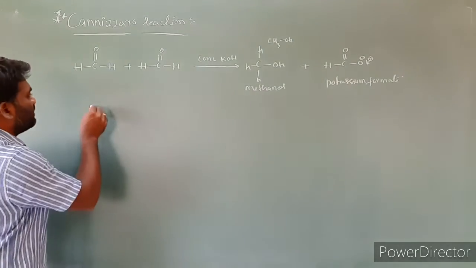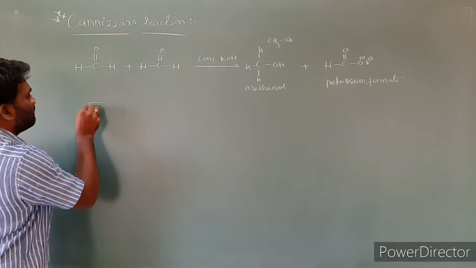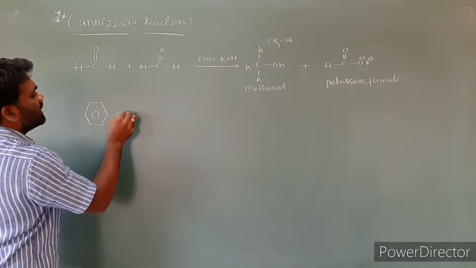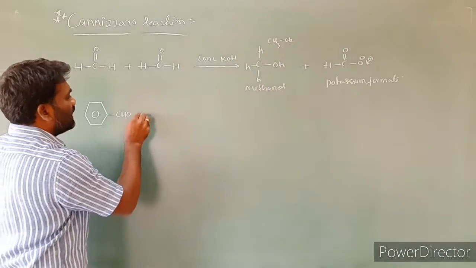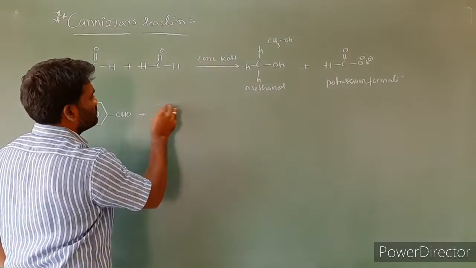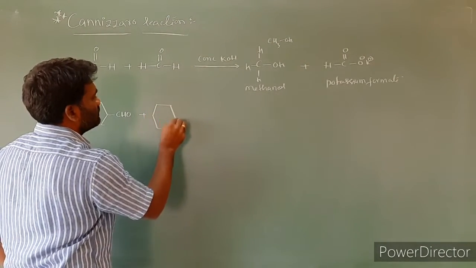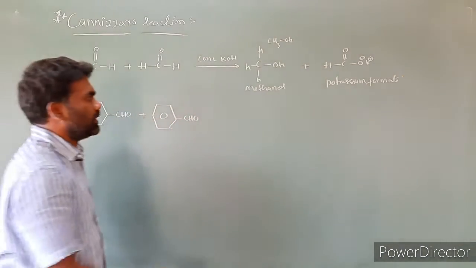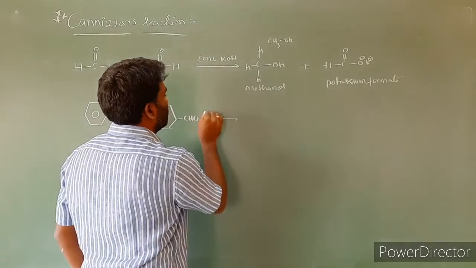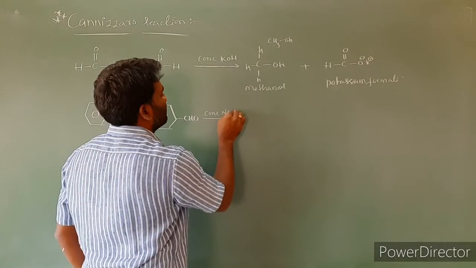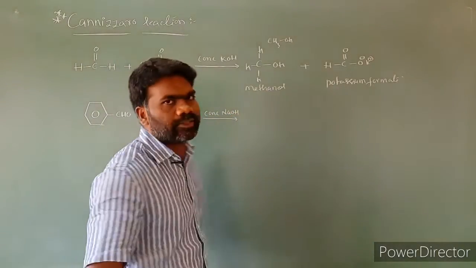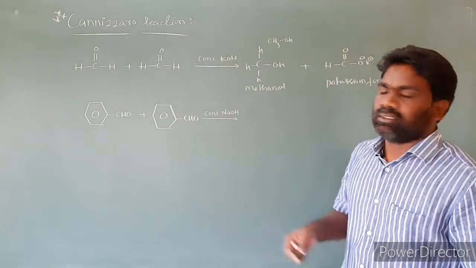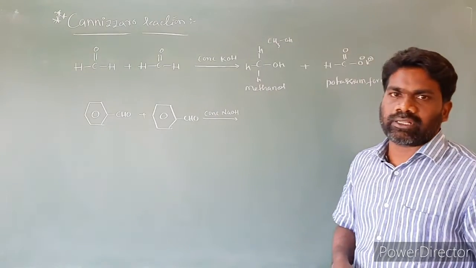Let us take one more example. I am taking benzaldehyde. This is one benzaldehyde molecule, and I am taking another benzaldehyde, CHO. I am treating it with concentrated base, sodium hydroxide. Then one benzaldehyde molecule converts into alcohol, and the other converts into carboxylic acid.